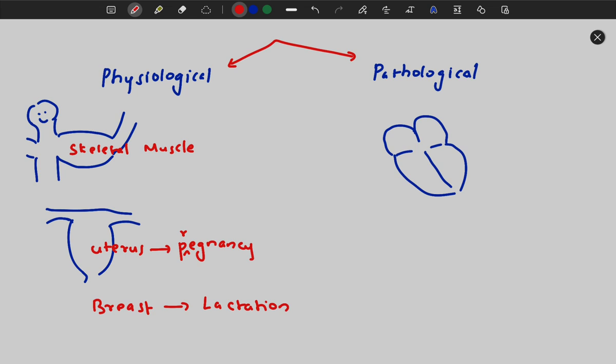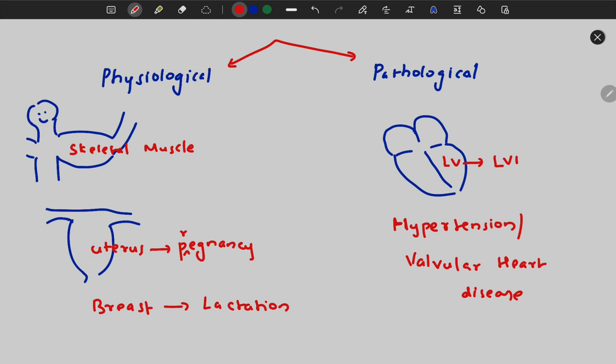Now the pathological conditions: during hypertension or valvular heart disease, the left ventricle undergoes hypertrophy, resulting in left ventricular hypertrophy.